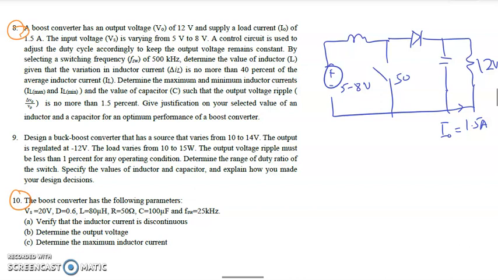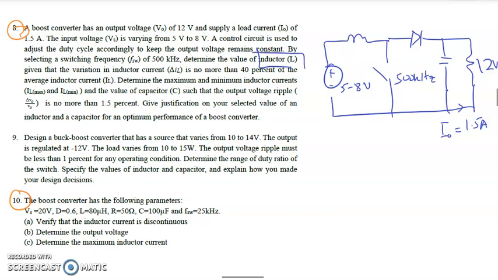At any battery level, you should maintain the output of your boost converter at 12 volt. So that's the assumption. The switching frequency is set to be 500 kilohertz.